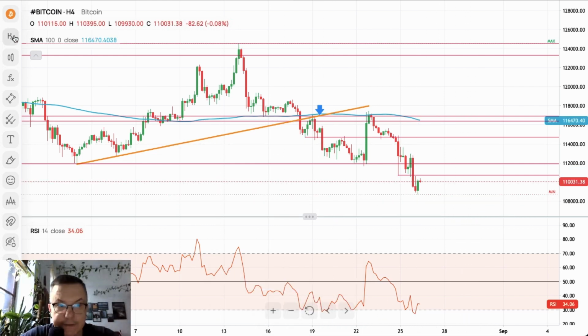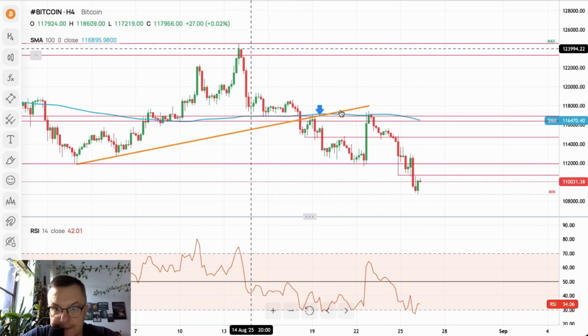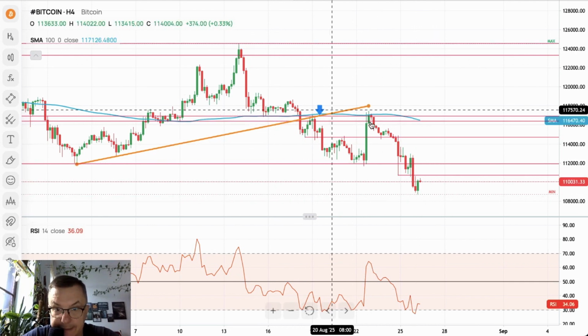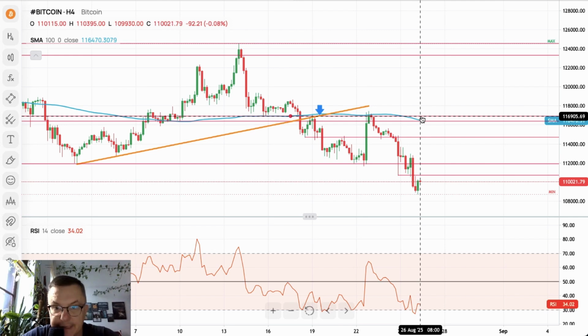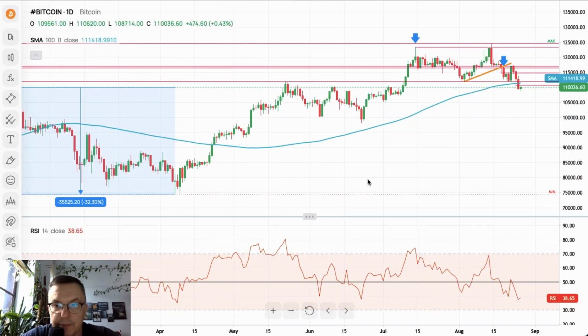So please notice the situation here. We are at extremely oversold conditions, but the market keeps making lower lows and lower highs, and the major technical resistance levels are still being rejected by the bears. So the situation here is getting a little bit tough for the bulls.